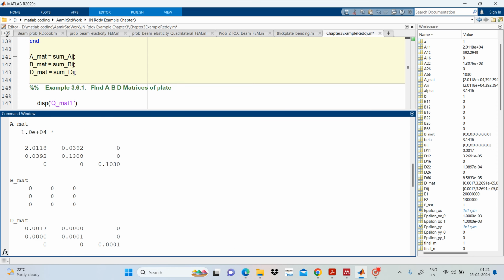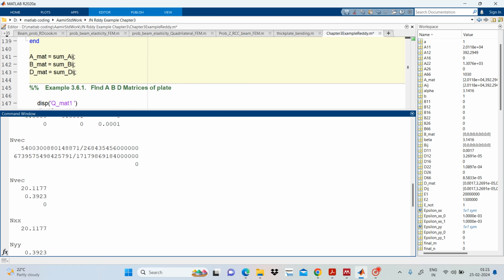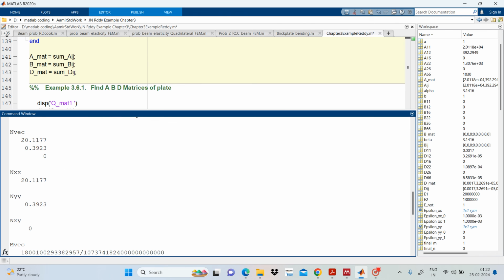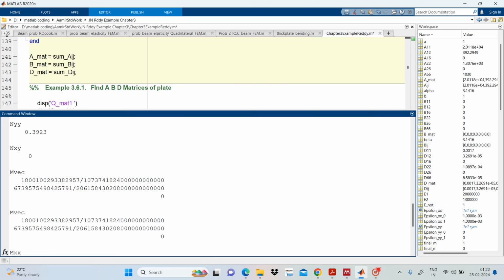B matrix is 0, and D matrix is this one. Then we are getting the N vector, meaning Nxx, Nyy, and Nxy, and then the M vector, meaning bending moments Mxx, Myy, and Mxy.